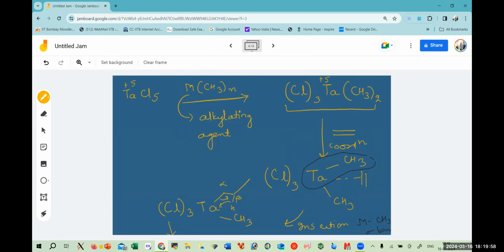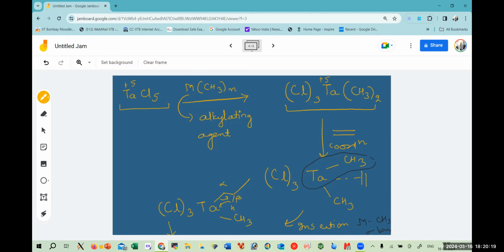So how do we make it? Firstly, the starting salt is tantalum pentachloride, which is made to react with an alkylating agent. It could be anything. After that, two of the chlorides would go from the metal, depending upon its oxidation state.